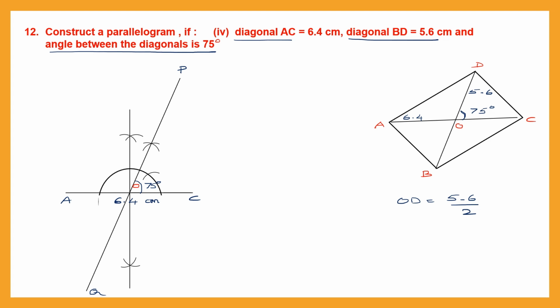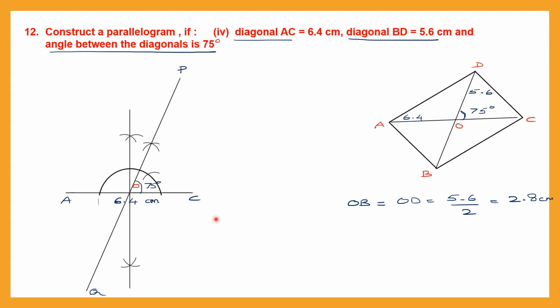So we can write OB is equal to OD is equal to 5.6 divided by 2. Now how much is 5.6 divided by 2? That is 2.8. So 2.8 centimeters. So OB should be 2.8 centimeters. From here to here, this side is 2.8 and this side is 2.8 centimeters.